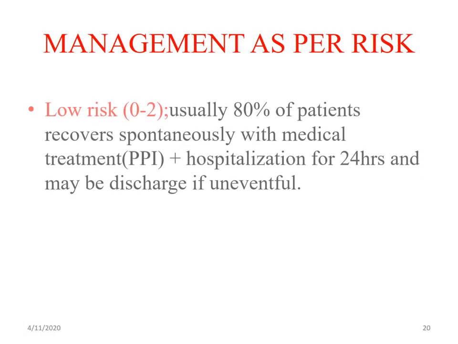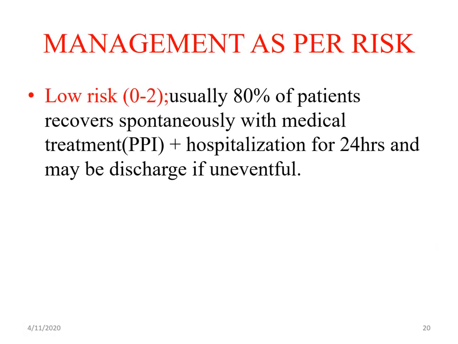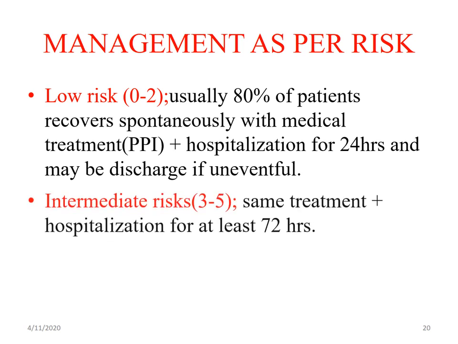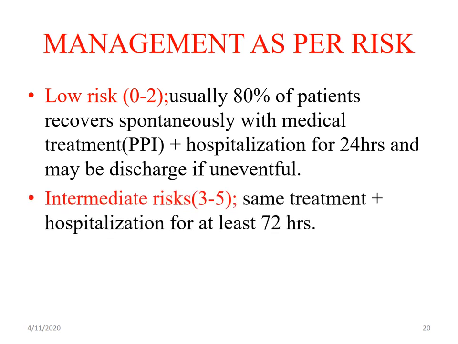For example, those patients with low risk, usually 80% of patients, recover spontaneously without medical treatment. We just give the patient a proton pump inhibitor, for example omeprazole, and hospitalization for 24 hours, and maybe discharge if there is no complication of the upper GIT bleeding, and the bleeding will stop.